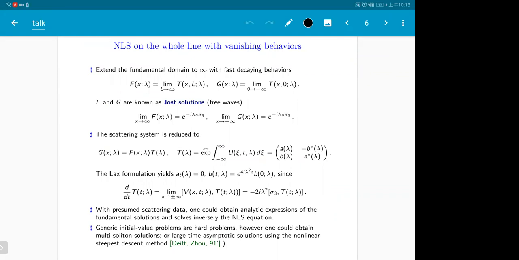And when we are dealing with the problem on the whole line, we basically extend this periodic problem. So we extend these two ends of the interval to plus or minus infinity. Then for F and G, under vanishing boundary conditions, let's assume this Q decays fast enough when X goes to plus or minus infinity, then these fundamental solutions act freely.